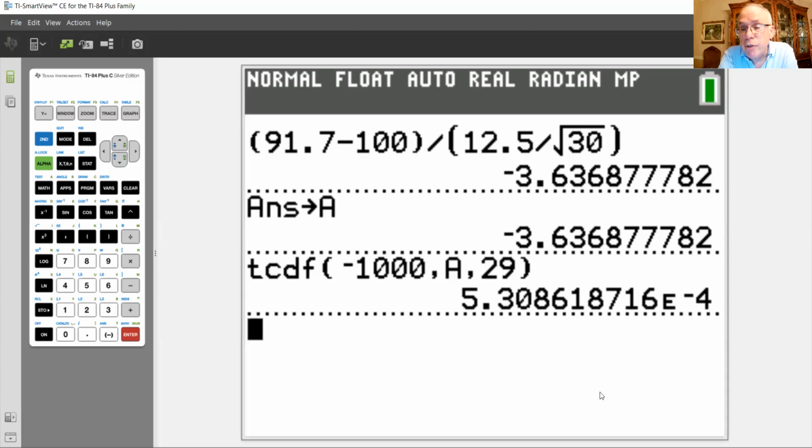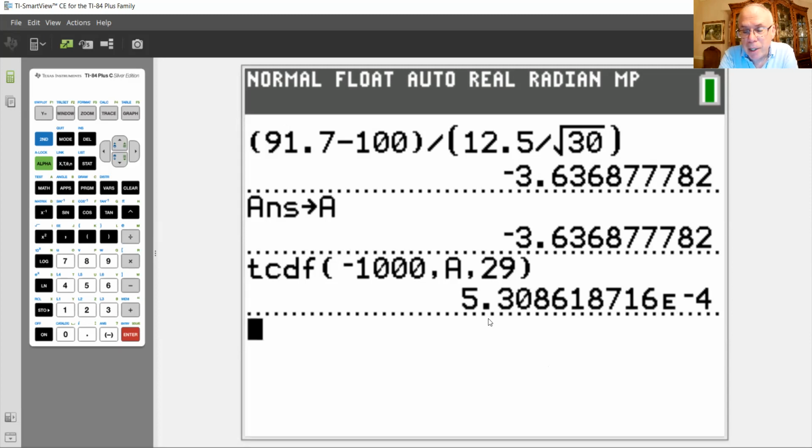Remember, the p-value is a probability. It must be between 0 and 1. It says 5.3 here. If you say it's 5.3 as your probability, you're wrong, because at the very end it says E to the negative 4. What does that mean? It means 10 to the negative 4 power. That's scientific notation.